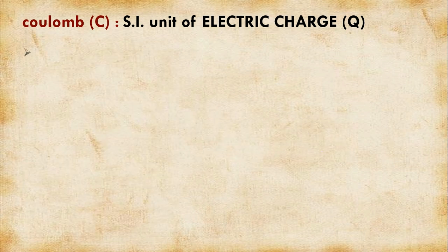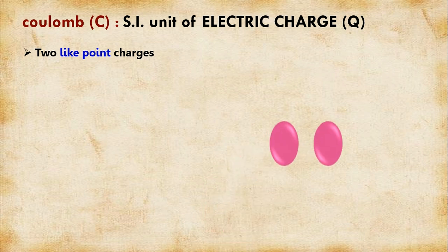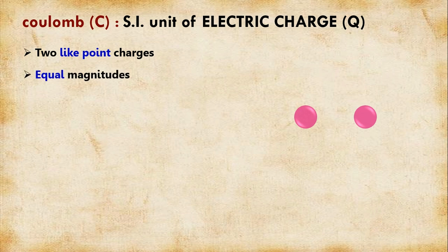Consider two like point charges, both positive or both negative, having equal magnitude. When they are placed at a particular distance, they will repel each other.